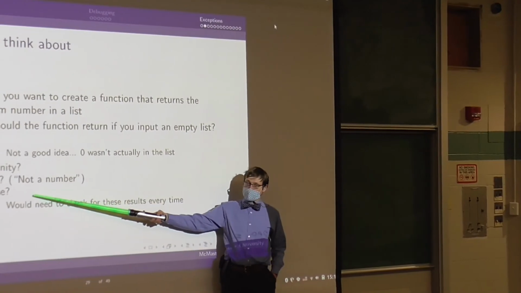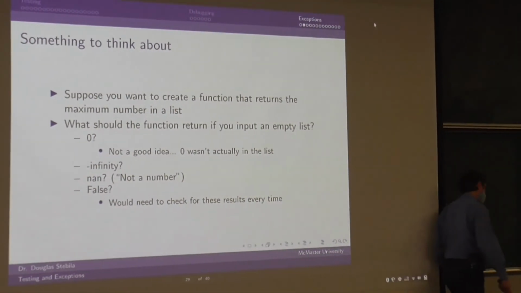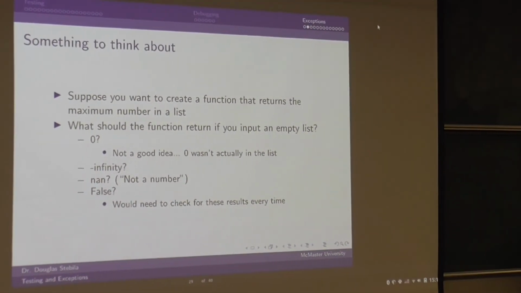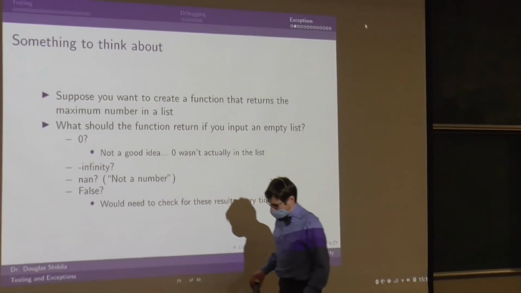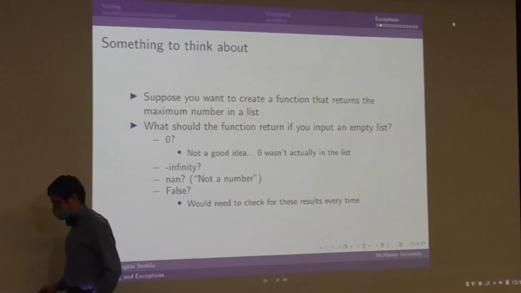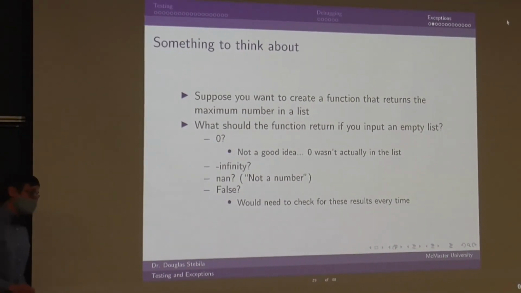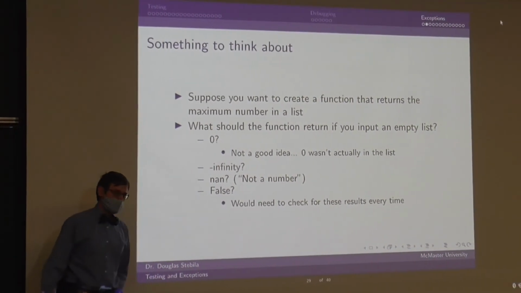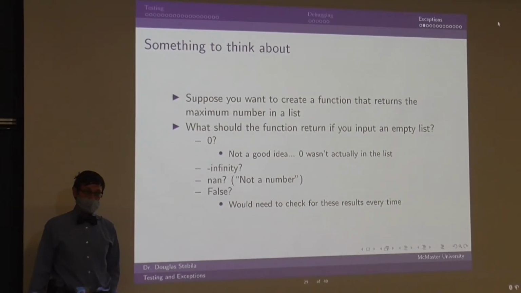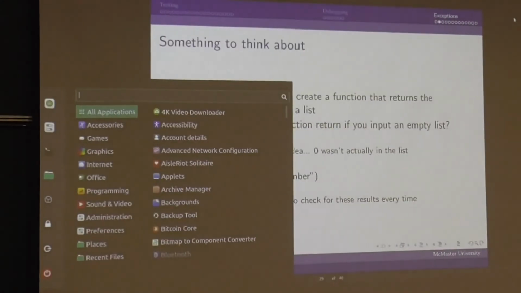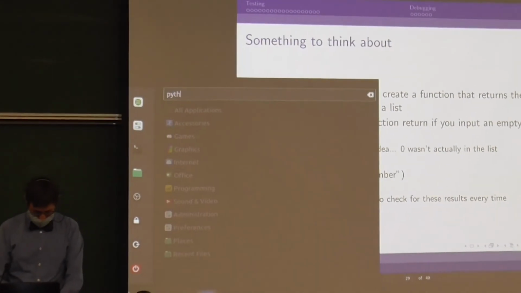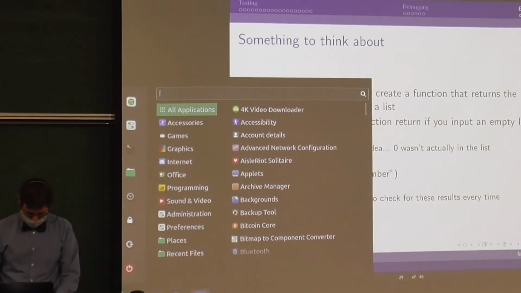False? This is kind of what we've been doing so far, just returning false. But it turns out that false isn't a great thing to return either. If you examine things from the level of individual bits, false has the same bit representation as 0.